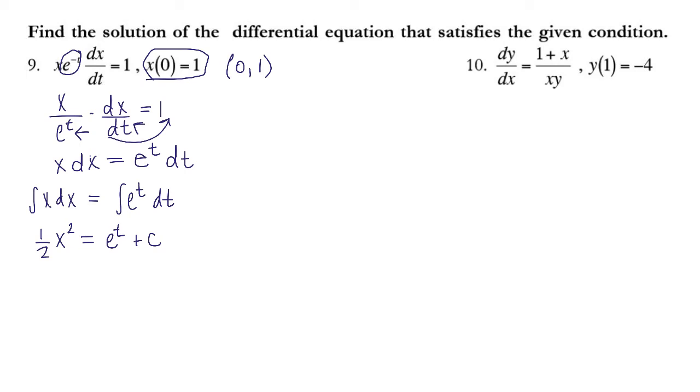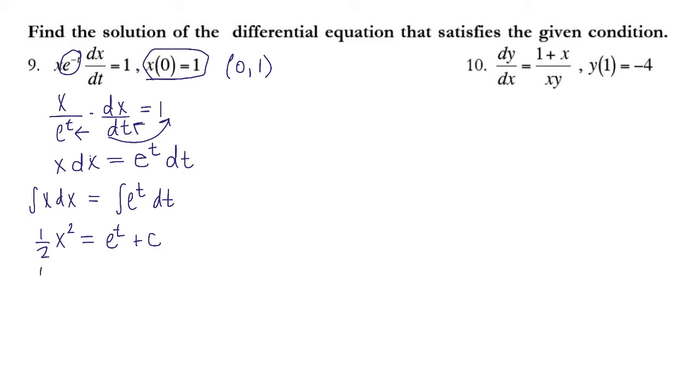And now let's go back to our initial conditions here. We're given 0, 1. So we are going to come back down here and we're going to substitute in 0 and 1 into our equations. And so we're going to see what we end up with. Okay, so let's substitute in 0 and 1.